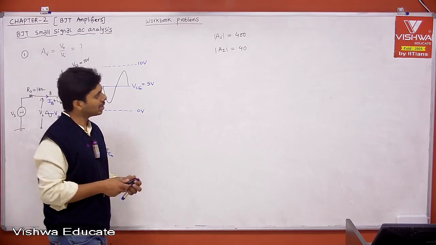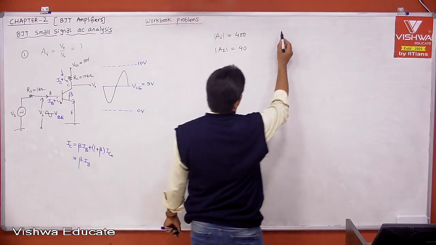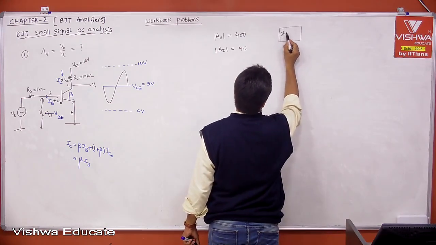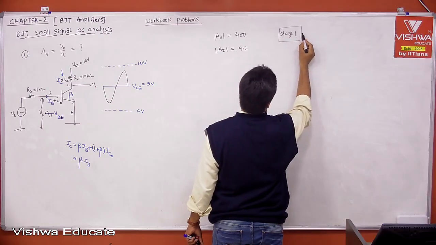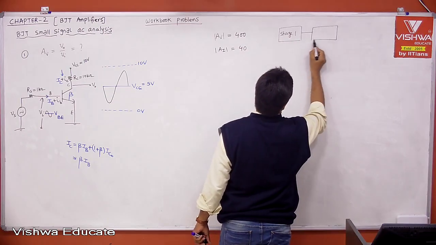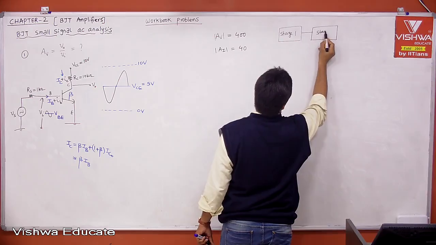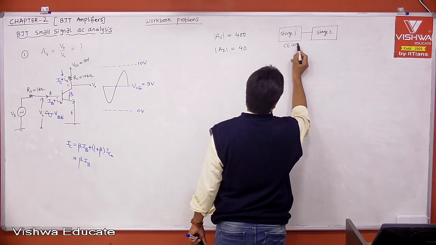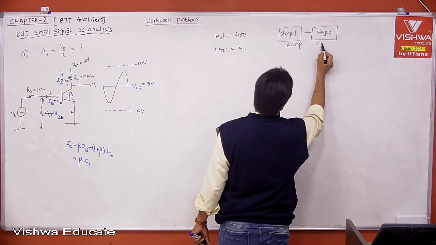Therefore, when you take a multi-stage configuration, let us say this is stage 1, and the output of that is connected to the next stage. This is stage 2. This is also a CE amplifier, and this is also a CE amplifier, let us say.